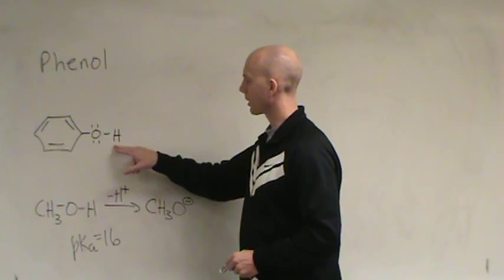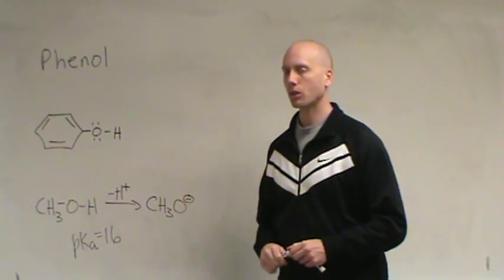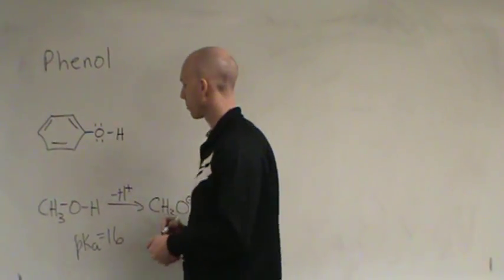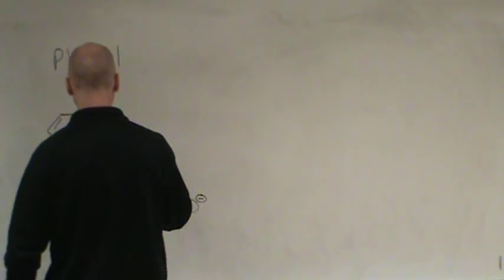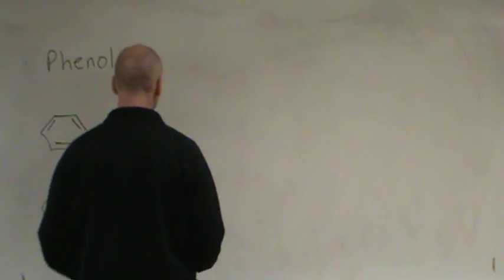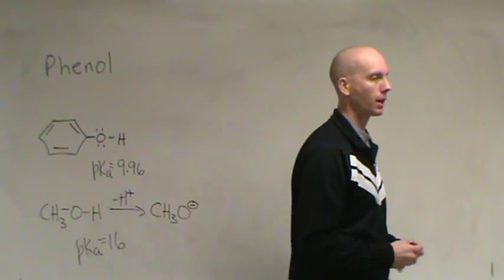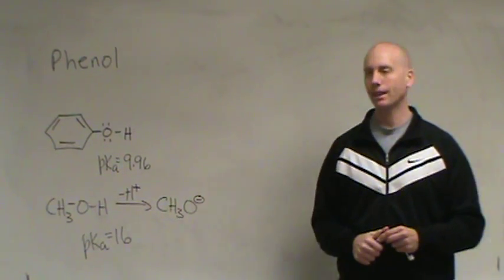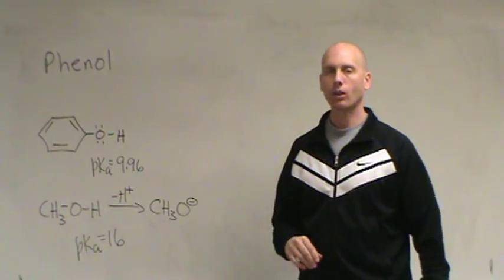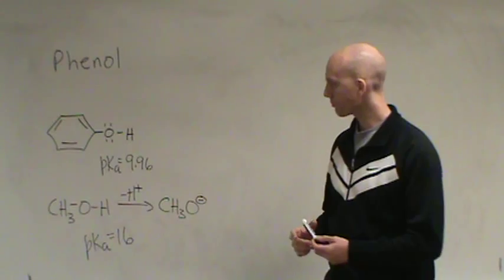But coming up with phenol, this hydrogen on the oxygen turns out to be more acidic than regular alcohols. It turns out to have a pKa of 9.96. So it's much more acidic than regular alcohols. Why is that?